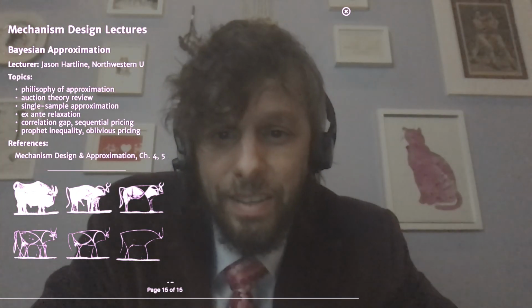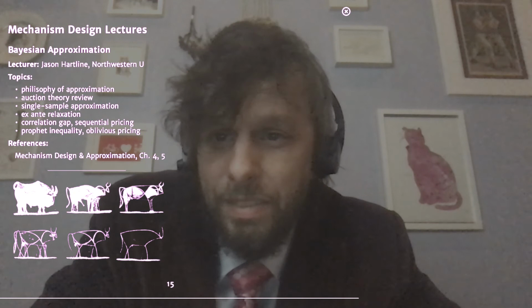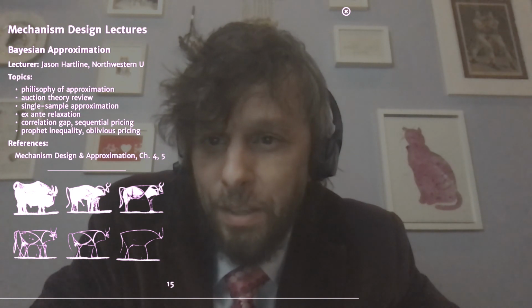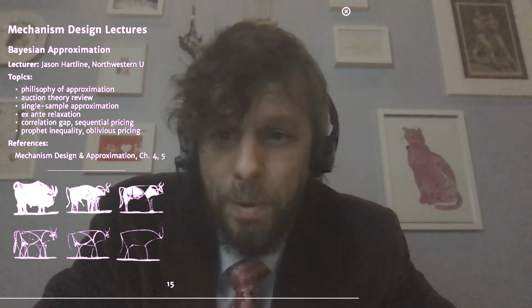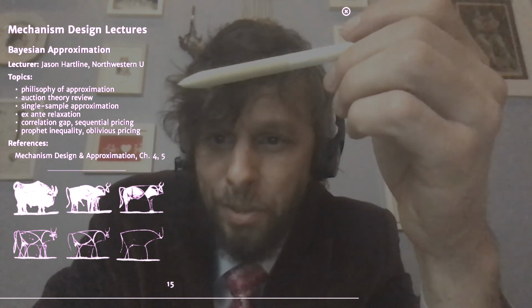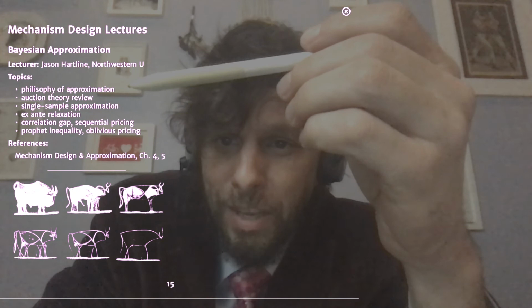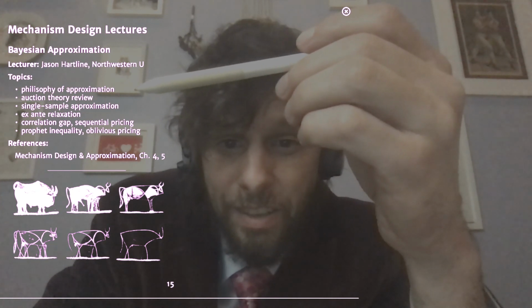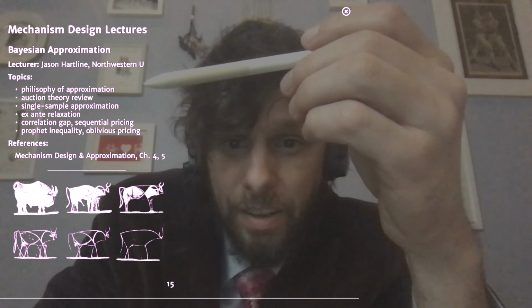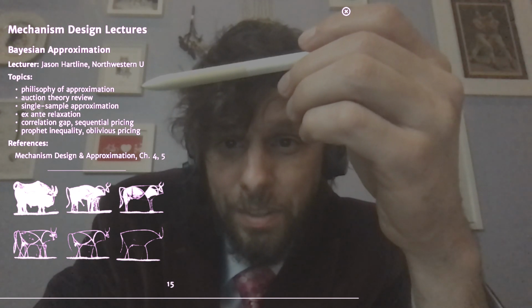Okay, and so this wraps up this series of mini lectures on Bayesian approximation. Going back over what we've talked about, we talked about the philosophy of approximation, how approximation can be used to identify details or salient features, and how it can identify robust mechanisms.